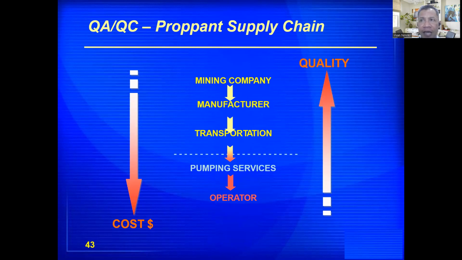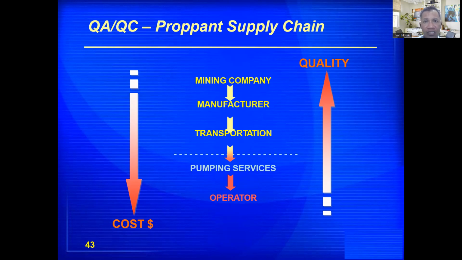And then finally, it has to be transported, and that usually involves another carrier, whether truck or railroad. In some cases, the mining company, the manufacturer, and the transporter can actually be the same company. Not too often, but in a lot of cases, yes, it is.